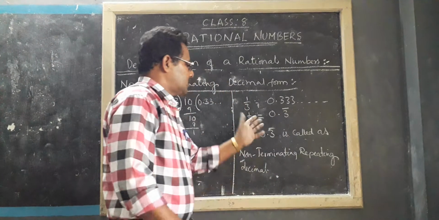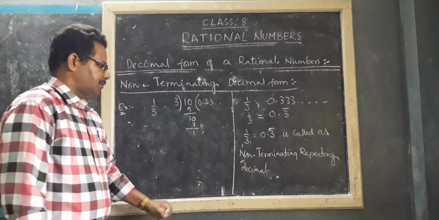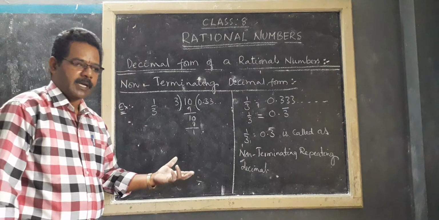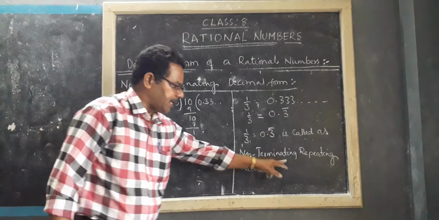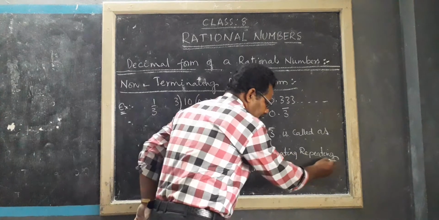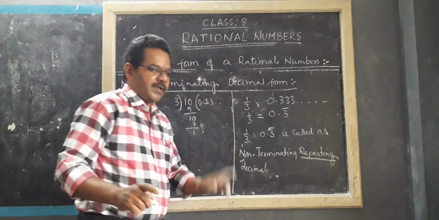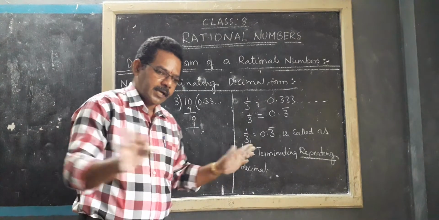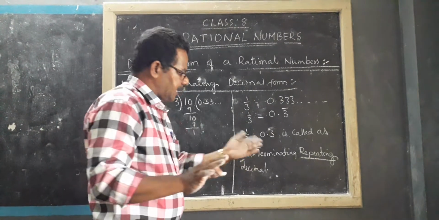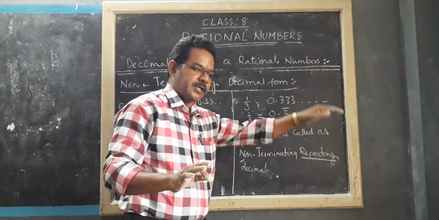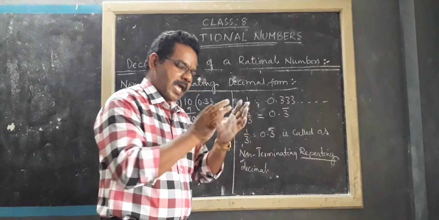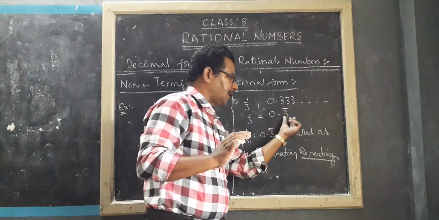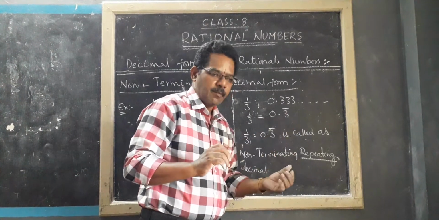So we have two types of decimal forms. The first one is terminating decimal and the second one is non-terminating repeating decimal. Repeating must be there. Without repetition, if you get different values, it is not a rational number. If any one digit, two digits or three digits repeat in the same places, how many digits are repeated should be mentioned with a bar.